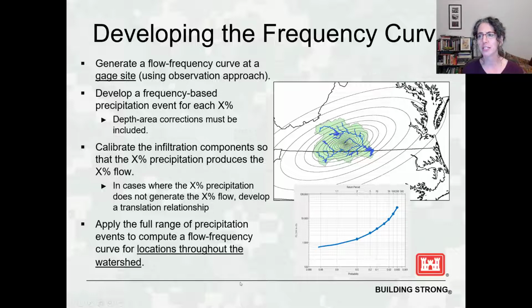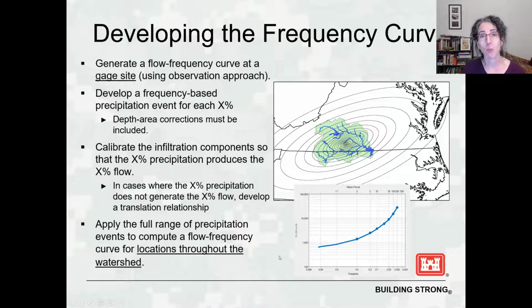That's how it works when we do have one gauge site within the watershed and we're able to develop that one flow frequency curve. If there aren't any gauge sites within the watershed, we skip the first and the third steps. We start by developing the frequency-based precipitation events for each of the different exceedance probabilities that we need.